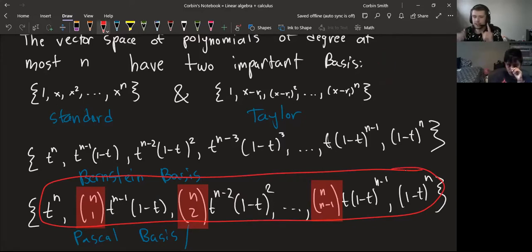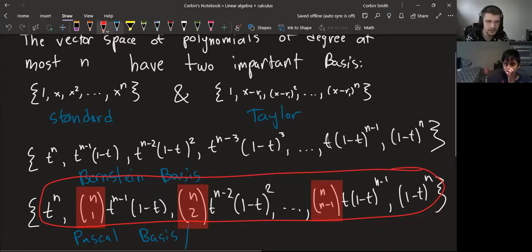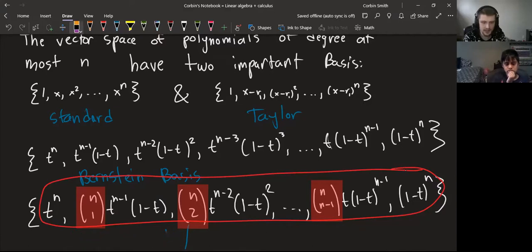Okay, so the Pascal basis, when you make it add up to 1 like this, is not quite the Pascal basis, because the Pascal basis would have an a and a b instead of a t and a 1 minus t. So I'm going to call this the de Castelnau-Bézier basis.